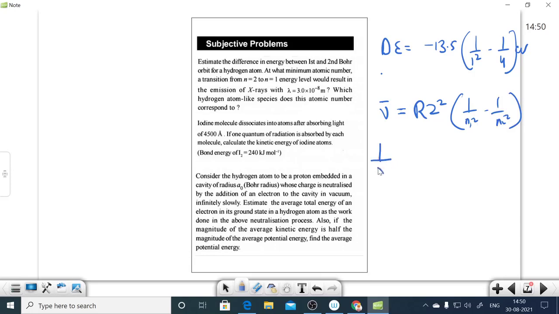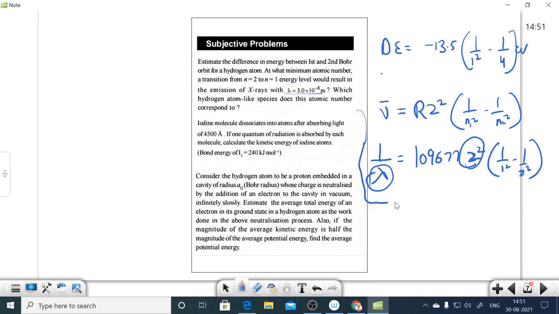This v bar is actually 1 upon lambda. R is 109677. Z we need to find out because it is a hydrogen-like species. Lambda is given, and n2 to n1, so that means 1 upon 1 square minus 1 upon 2 square. Apply the lambda value here. You can easily find out Z, and Z is going to be the atomic number of that atom. So this problem can be solved like this.